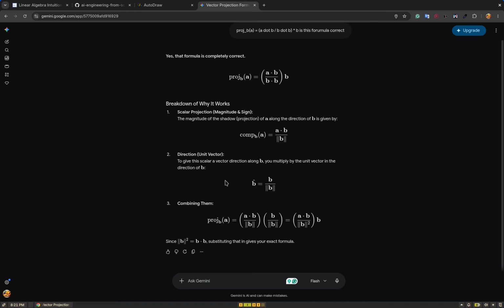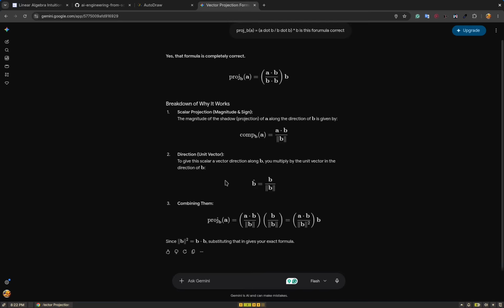What I don't understand is where does that even come from? So this formula is correct. I need to understand it. I know that projection of A is equal to A dot B divided by B magnitude.